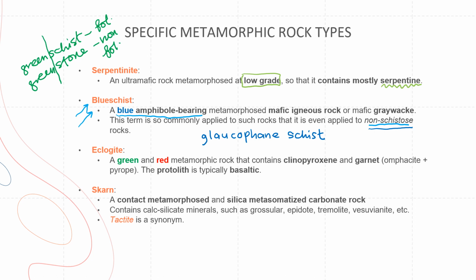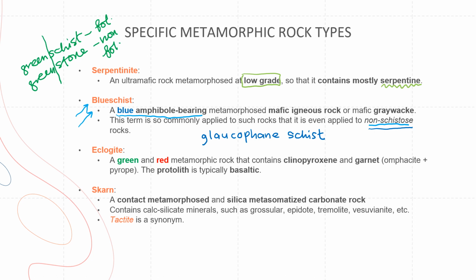The next rock on our list is eclogite. So eclogite is a green and red metamorphic rock that contains clinopyroxene and garnet. And the protolith for this is typically basaltic. And the best way to remember eclogite is to either remember watermelons, because they're green and red, or probably Christmas decorations.